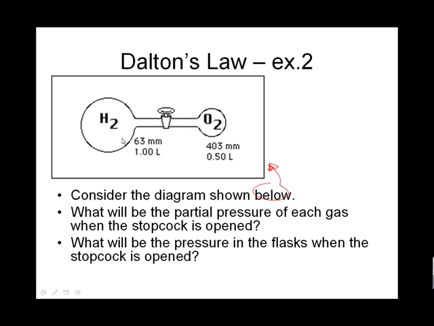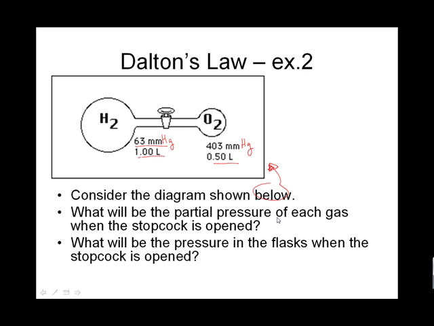Okay. So in this diagram here I have hydrogen gas and the pressure inside is 63 millimeters of Hg and the total volume on the left hand side is 1 liter. The oxygen gas is trapped in the smaller container, which is only 0.5 liter, and the pressure inside here is 403 millimeters of Hg.